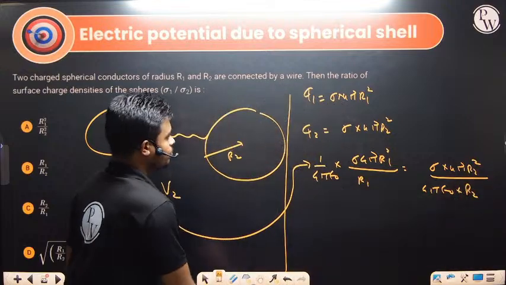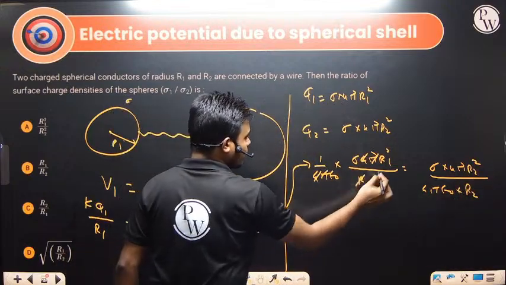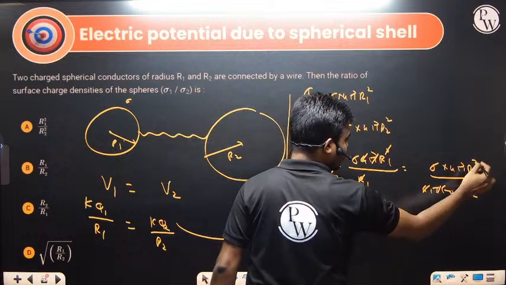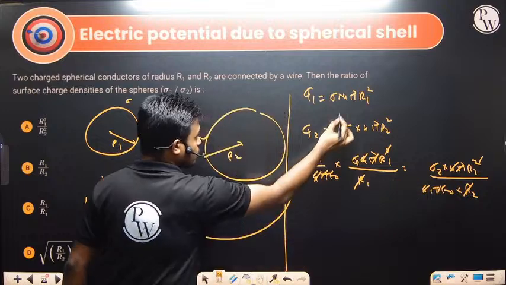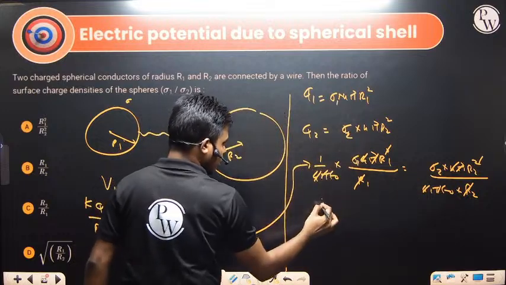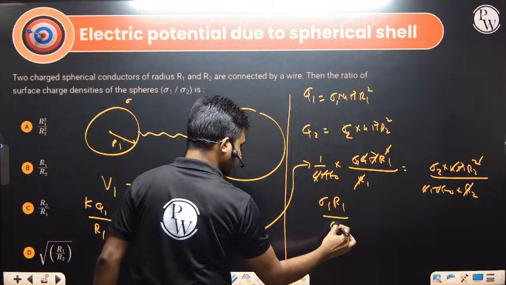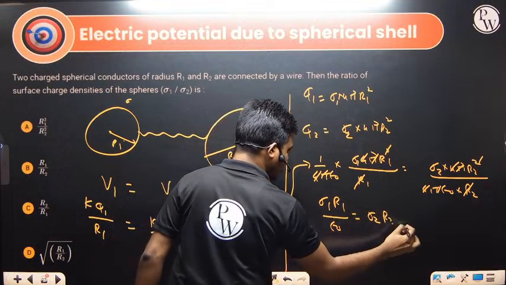So 4 pi and 4 pi cancel, and one R1 cancels, one R2 cancels. So we got sigma 1 into R1 by epsilon naught is equal to sigma 2 into R2 by epsilon naught.